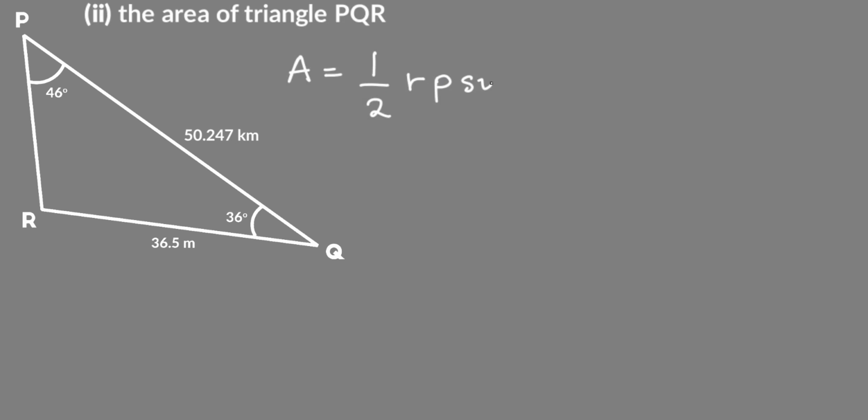Sine the angle between these two, which is the angle at Q. The distance PQ, which we earlier calculated, was 50.2. You can write it up to maybe the 7.